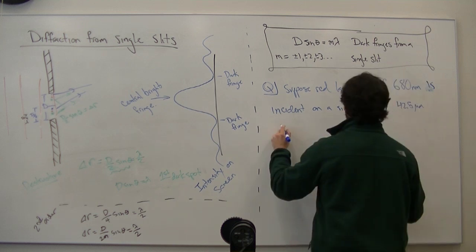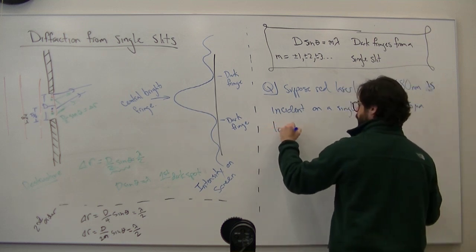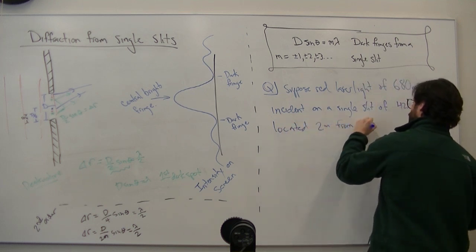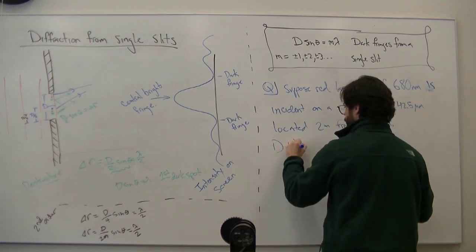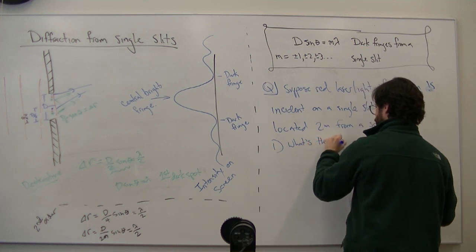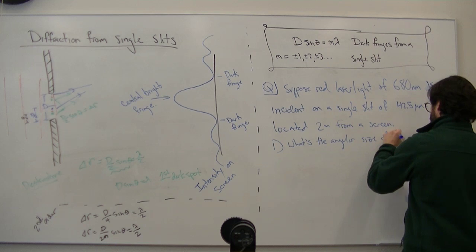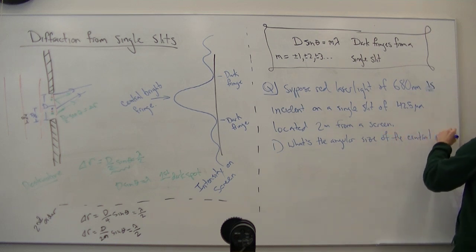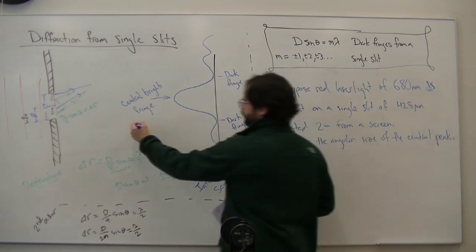And we can ask 2 questions. So the first question is, what's the angular size of the central bright fringe? And usually what this is called is the central peak. So this is the central bright fringe or central peak.